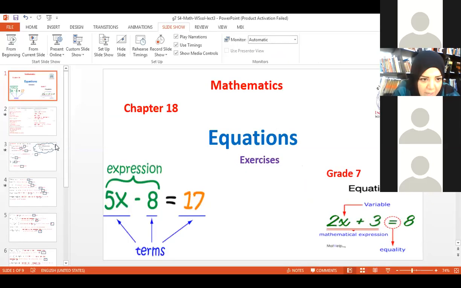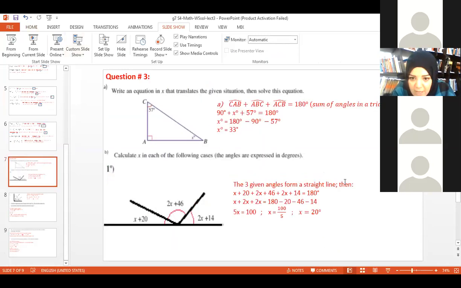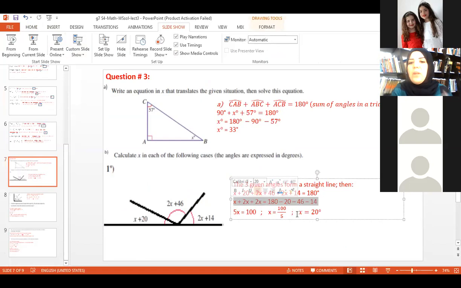Look at this step. I'm going to mark it to know what I'm talking about. Can you see it? Yes. So what did we do in this step? We moved the variables to the left and we took the numbers to the right. Very good.